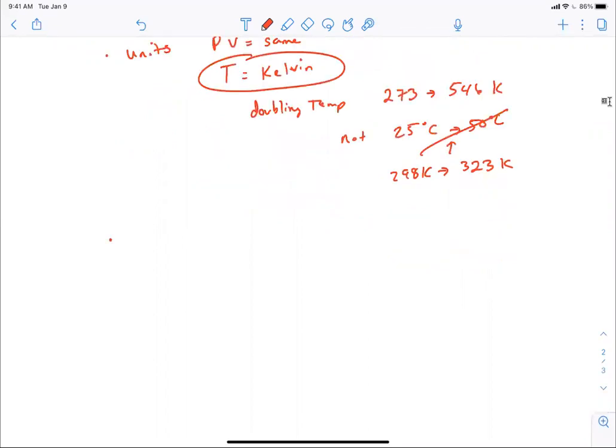The second thing is stoichiometry of gases.